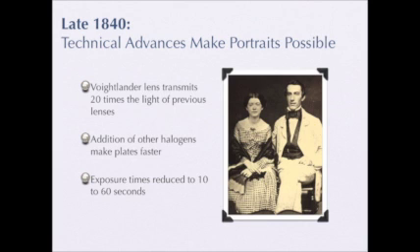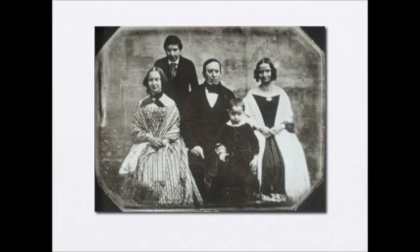And that was the thing that made portraiture possible. No longer did you have to sit still for 10 minutes or 15 minutes or 8 minutes for a portrait, but being able to sit still for 10 seconds, 30 seconds, 45 seconds made it possible to make pictures of people. And so we began to get pictures of families and just about anybody else that we might imagine.